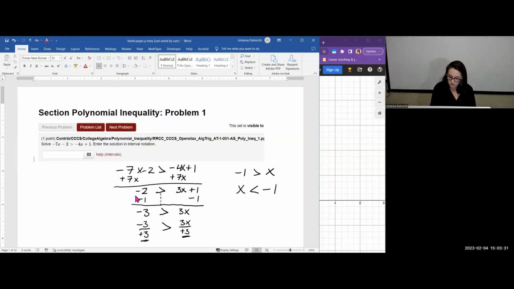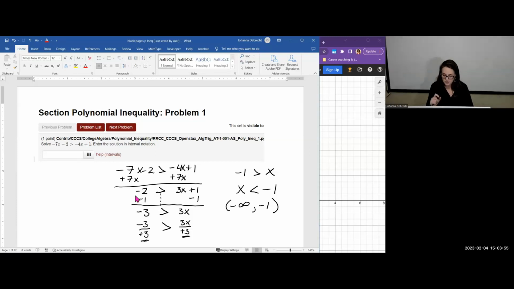So now what I want to do is find all the values of x that are less than -1. On the number line, the far left is -infinity, and we go to -1. Now, it doesn't have the or equal to symbol on the bottom, and so we're going to use a round parenthesis instead of a square bracket. With the or equal to, we use a square bracket because it could also be that number.